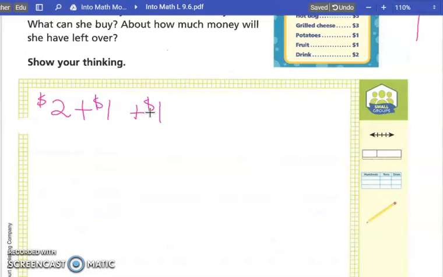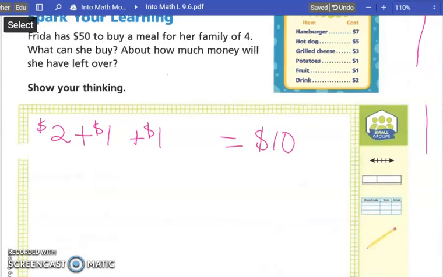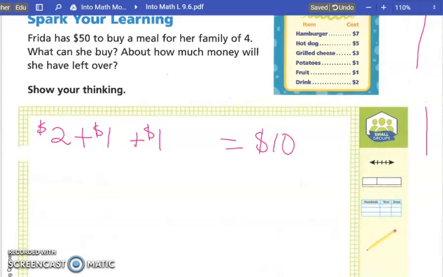That means we have how much left to spend to equal our $10? What is 10 minus 5? Or 4? And we only have $4 here. 6. Okay, so if we look back at our menu, we have $6. Can everybody get a hamburger?